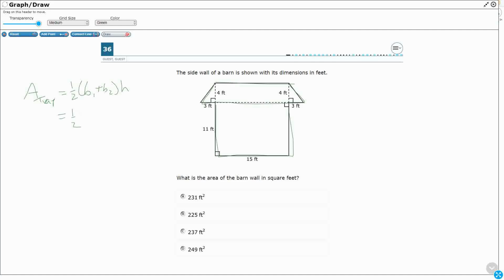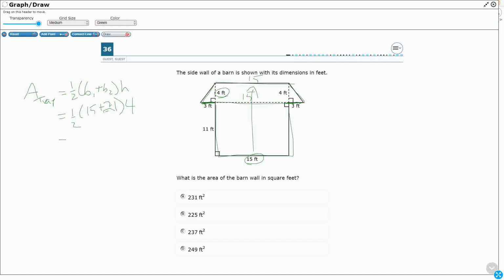So 1/2, and this base right up here, I can call that 15, because that just matches right up there. Now this other base is obviously 15, but then I need to include the 3's on either side. So that's 3 plus 15 plus 3, or 15 plus 6. That's 21. And then I need to make sure I get my height, which they give me right there, 4.